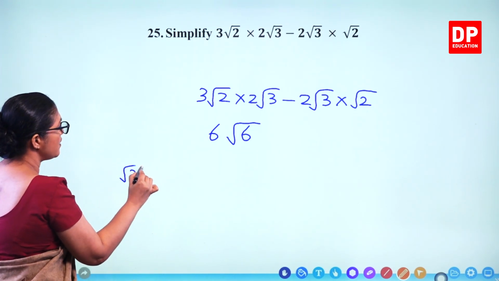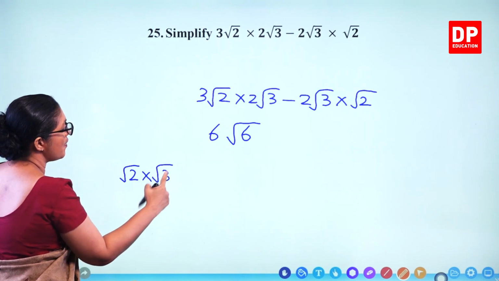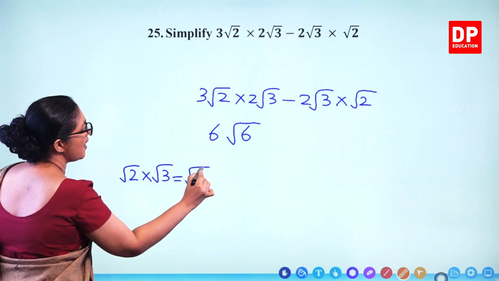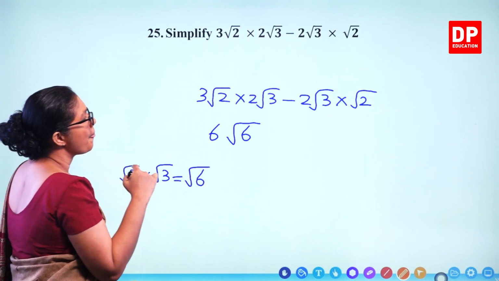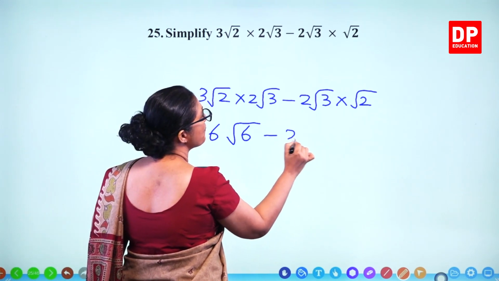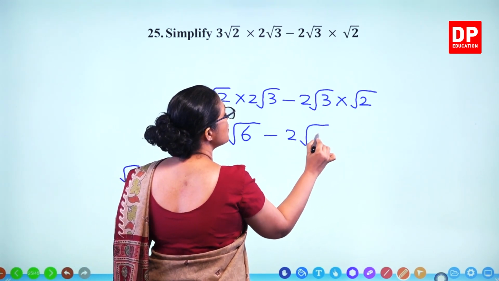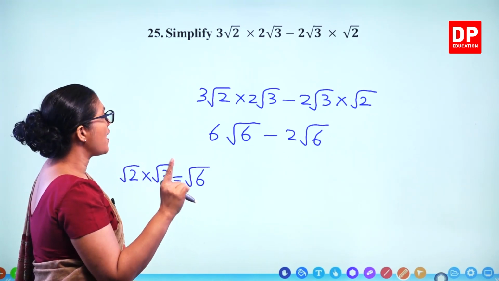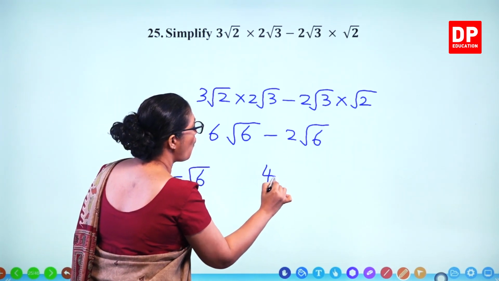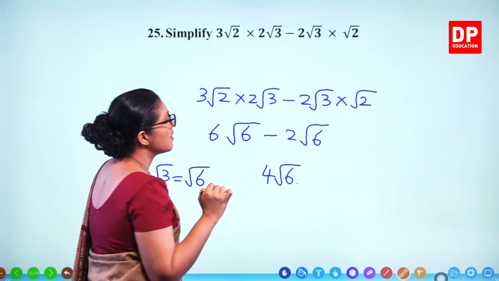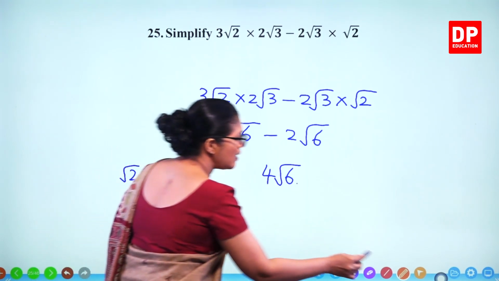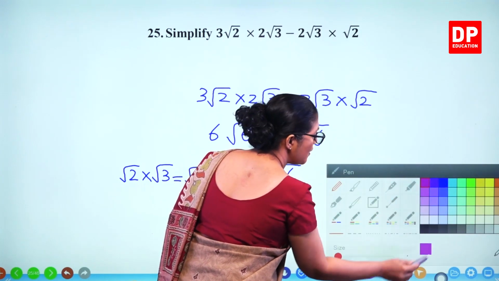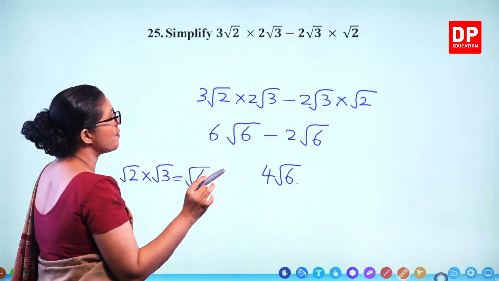So, remember that any separate surd values you can multiply and put inside. This is also same. 3 into 2, root 6. Now, you can subtract. Same surd, you can subtract. 6 minus 2, 4 root 6. So, that's easy if you know simplification of surds very well.